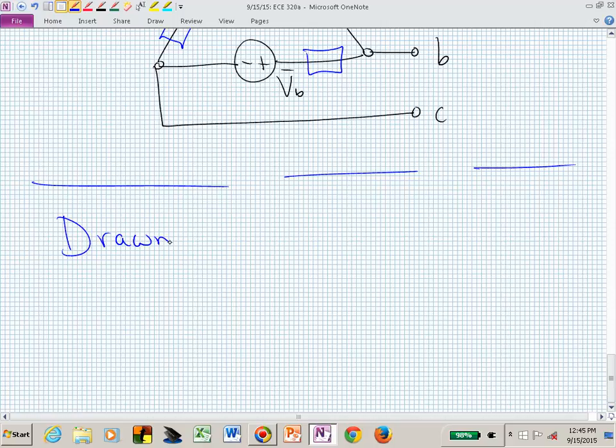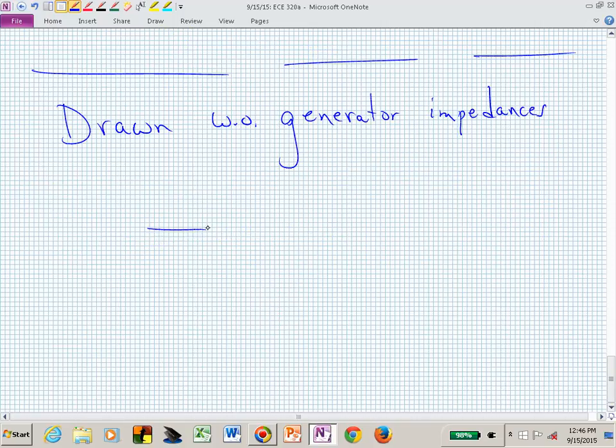The above sources were drawn without generator impedances, where the generator impedances are really just a bunch of wires, and we lump those into the winding resistance, R sub W, and the winding reactance.